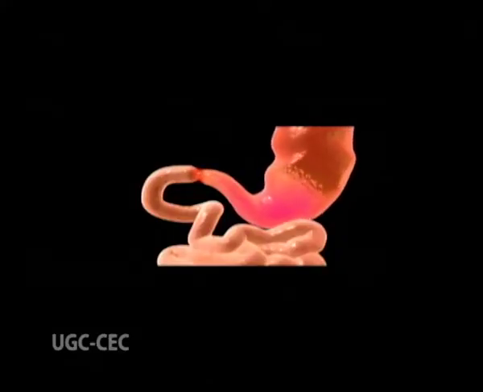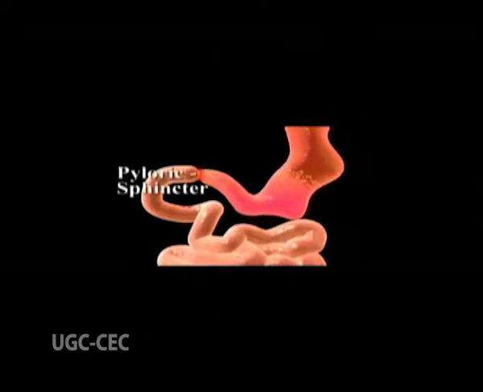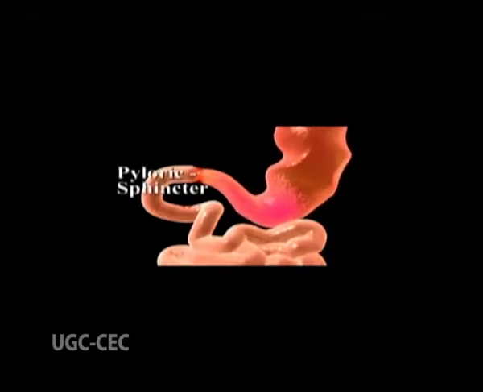Gastrin stimulates gastric glands to secrete large amounts of gastric juice. It also strengthens the contraction of the lower esophageal sphincter to prevent reflux of acid chyme into the esophagus, increases motility of the stomach, and relaxes the pyloric sphincter, which promotes gastric emptying.